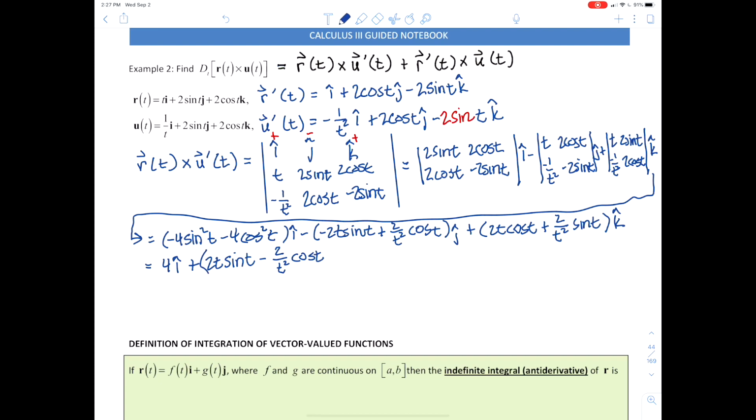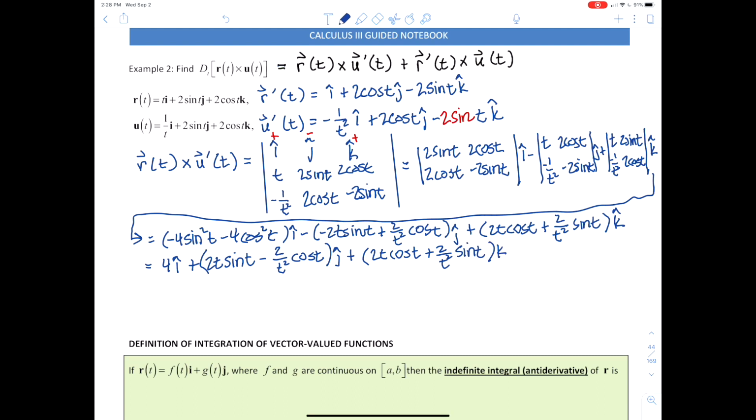So these two are times j. And then plus 2t cosine t plus 2 over t squared sine t times k.